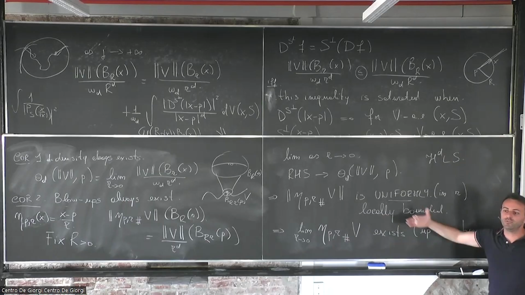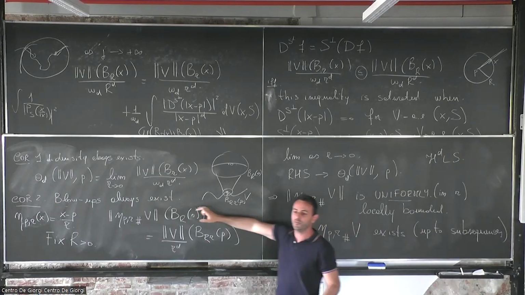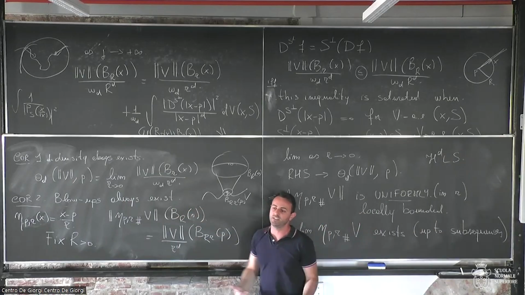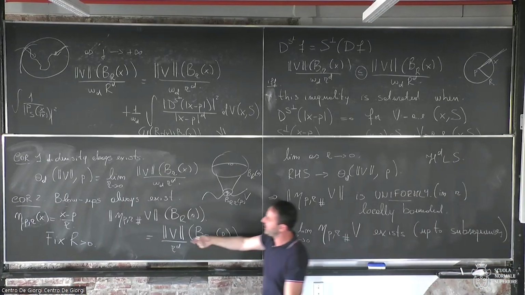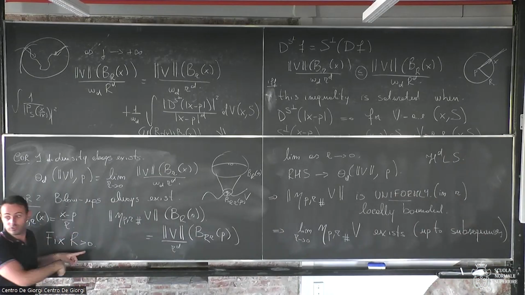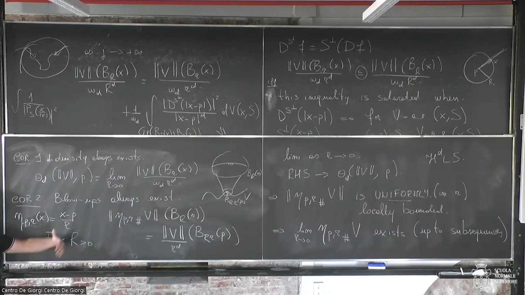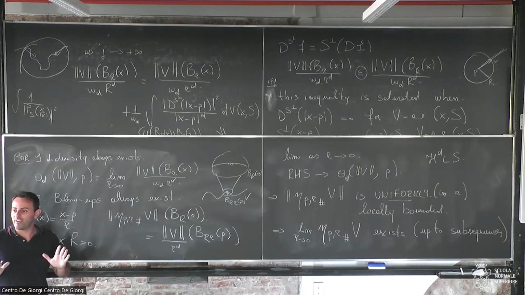Of course, here I would always get plus infinity. So I always need to restrict to a big ball, but this is done for every R. So the blow up will be a varifold on R^n, not just on the ball. Exactly, yeah. The blow up eventually is a varifold on R^n.